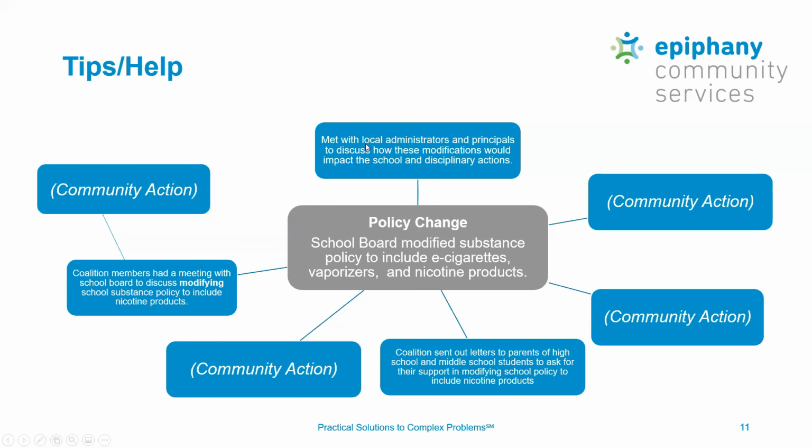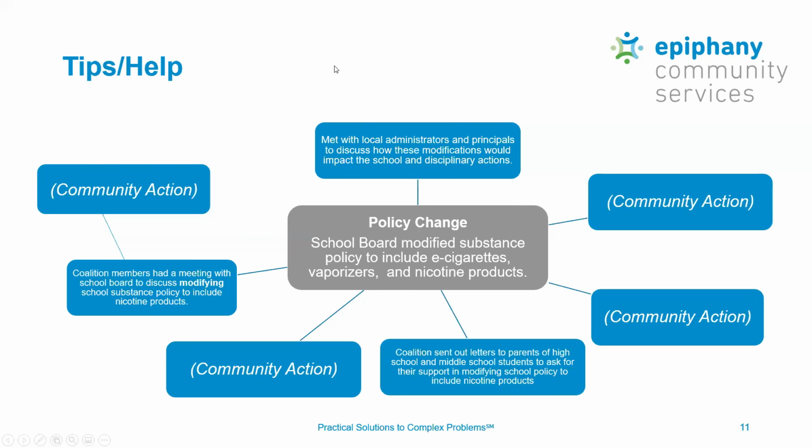So if we meet with the local administrators and the principals to discuss how these modifications would impact the school and the disciplinary actions around this new or modified policy we're trying to get implemented, after this meeting we might have another spider leg or line off of this, where we have to go back and do some research.